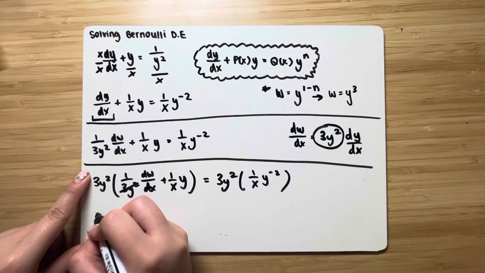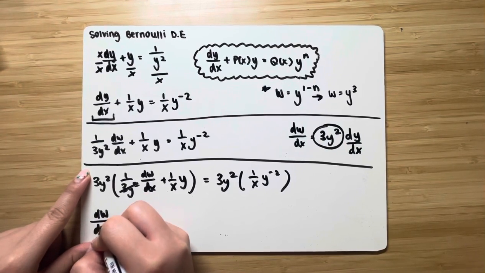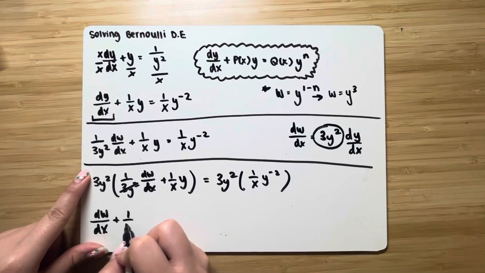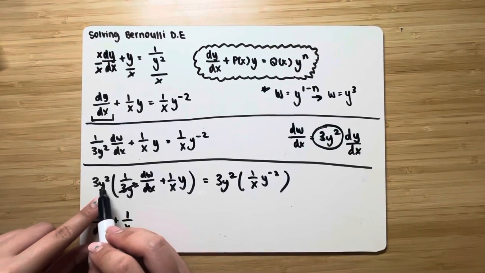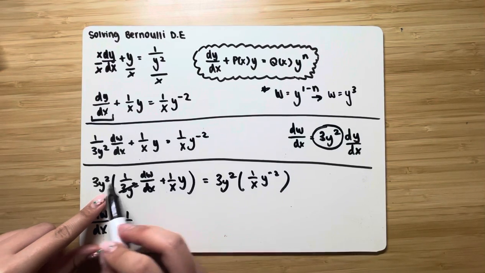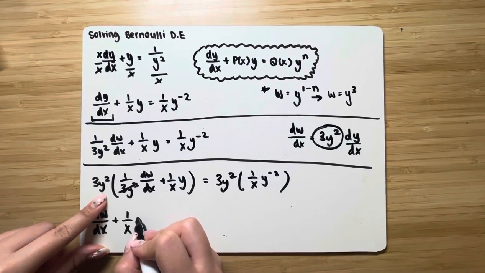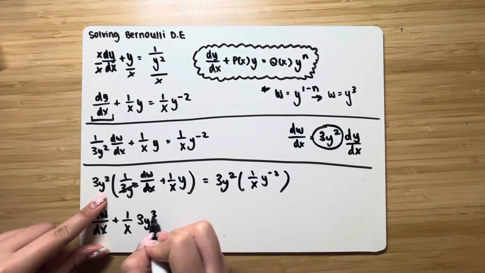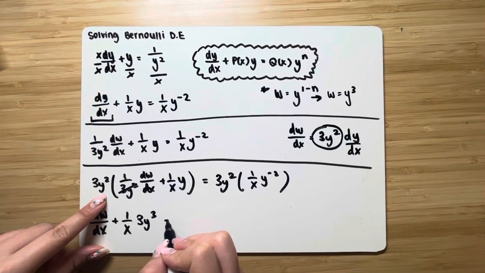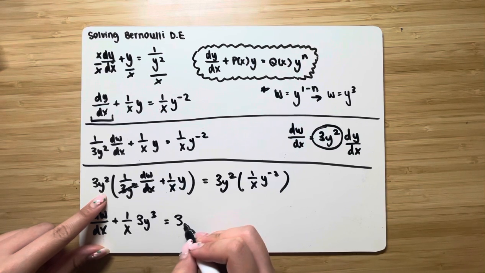You're left with dw over dx plus 1 over x. Y squared plus y to the first power essentially is y cubed, so you get 3y cubed equals 3.